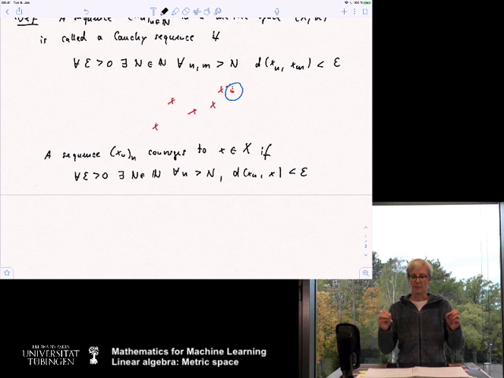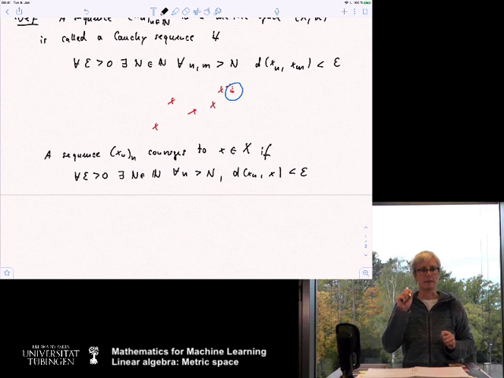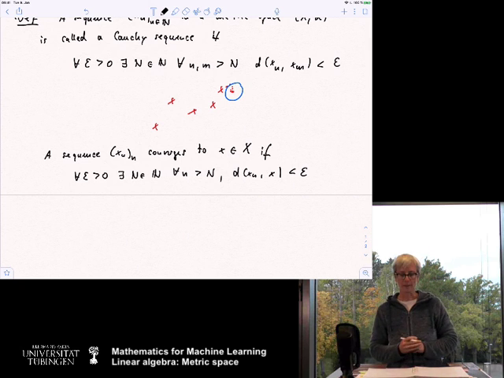And now we not only require that points get closer and closer together, but we require that there's this limiting point x that is also part of our space.